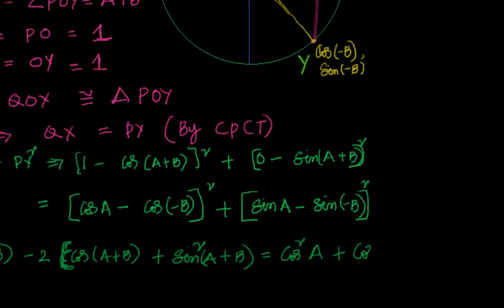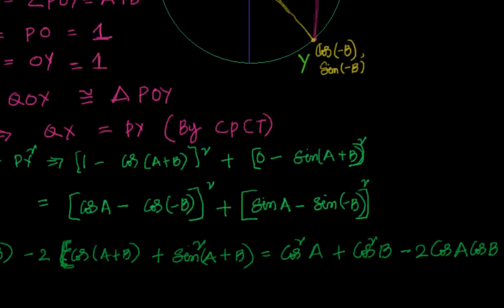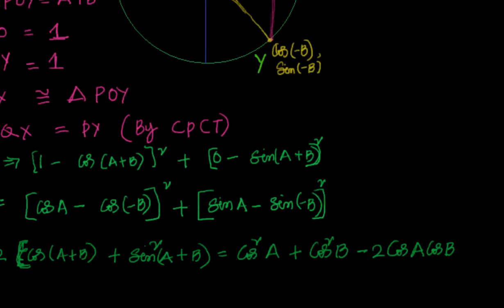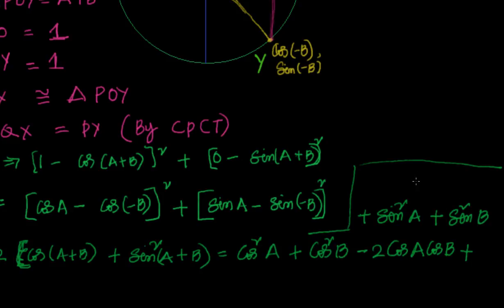So that is nothing but cos square B minus 2 cos A cos B, plus sine square A plus sine square B minus of 2 sine A sine of sine B. That means it becomes plus, correct?